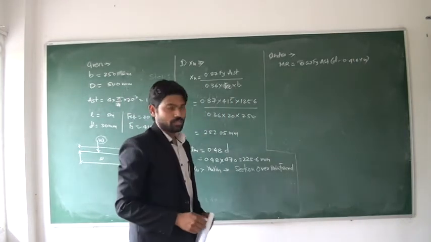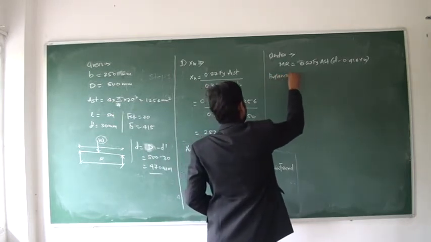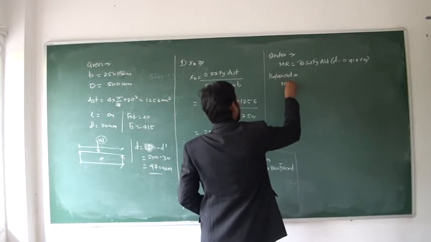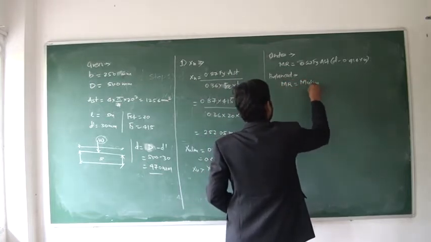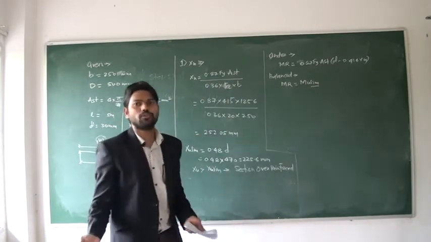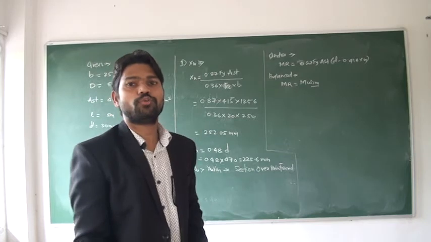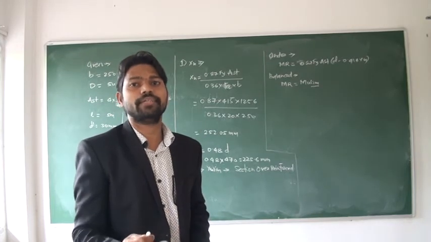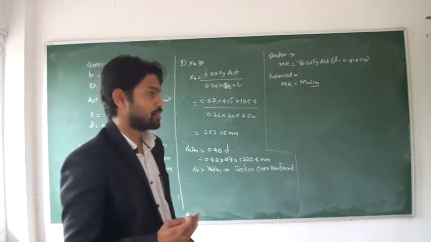If the section is balanced, MR is equal to Mu limit, that is 0.138 fck b d square, 0.148 fck b d square or 0.133 fck b d square, as per the grade of steel. As per those equations we can calculate MR for a balanced section.